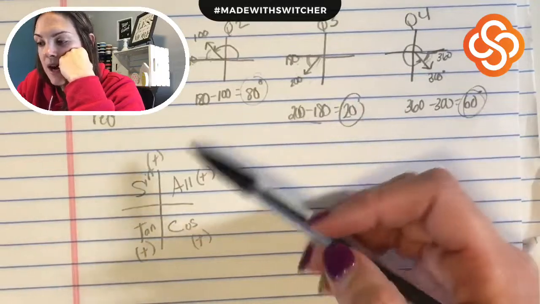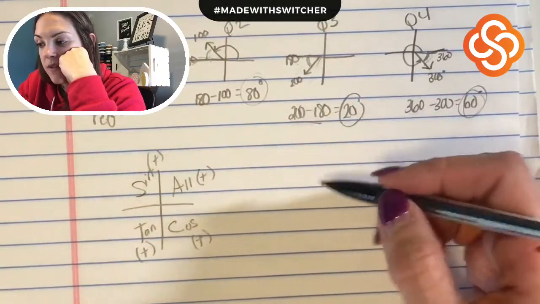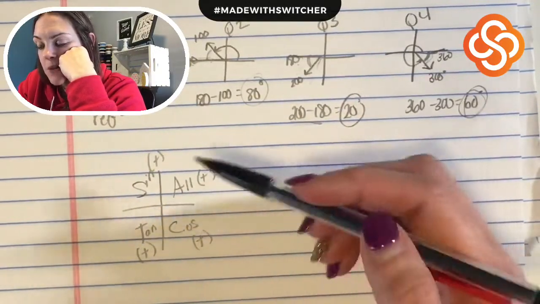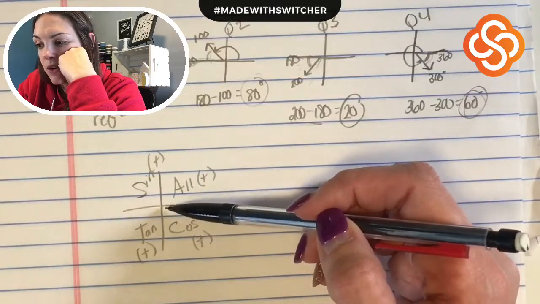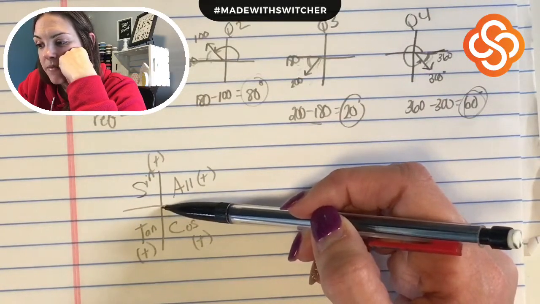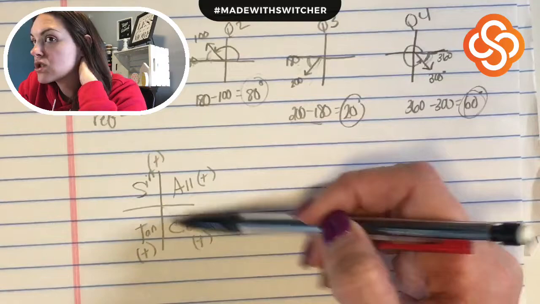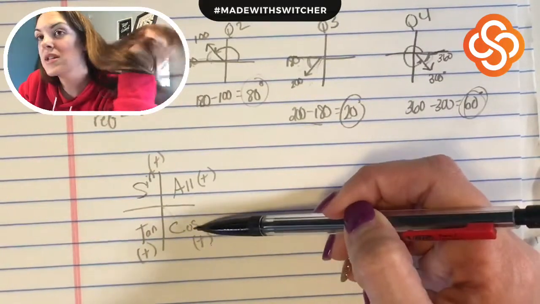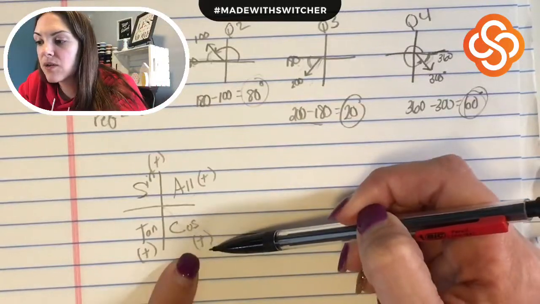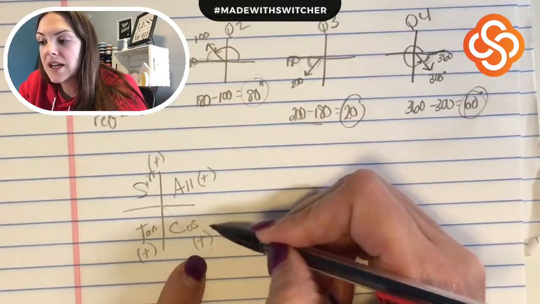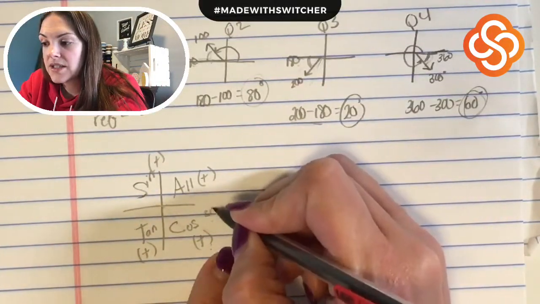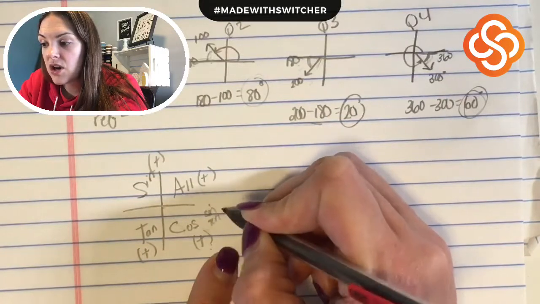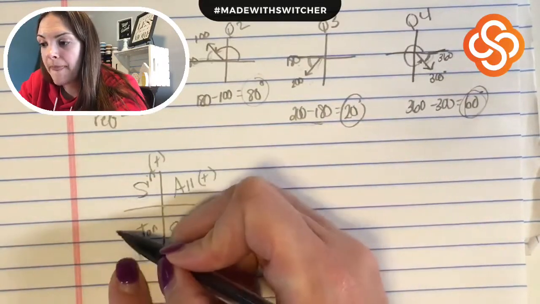Say you're looking for the cosine in quadrant 4, you know the answer is going to be positive. So if cosine is the only thing that's positive in quadrant 4, that means sine and tangent are negative. So again, sine and tangent are negative in this quadrant.